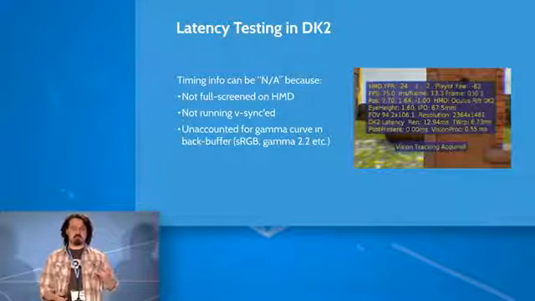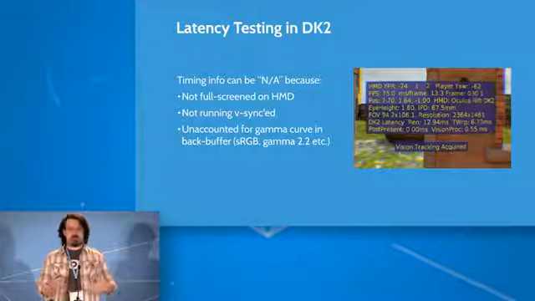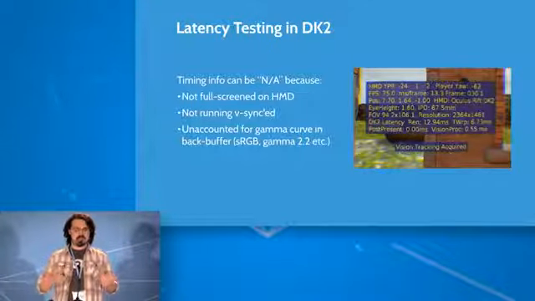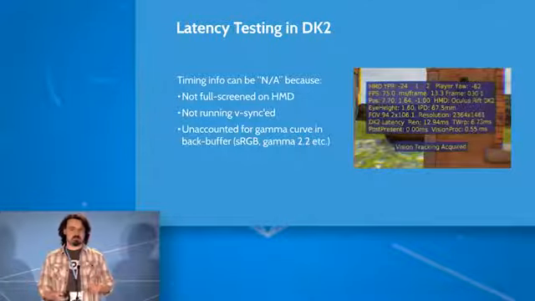And maybe if you're trying to do this yourself and you have incorrect gamma space, then again, the colors might not be going through their expected values. So these are some of the reasons that you've got to make sure that you've nailed down before getting the latency tester feature to keep working reliably.